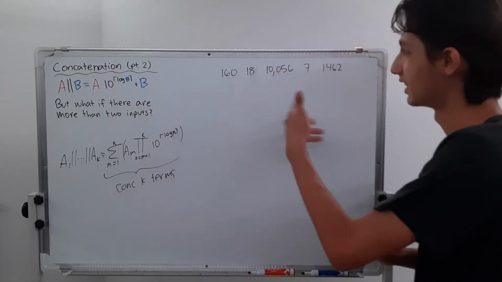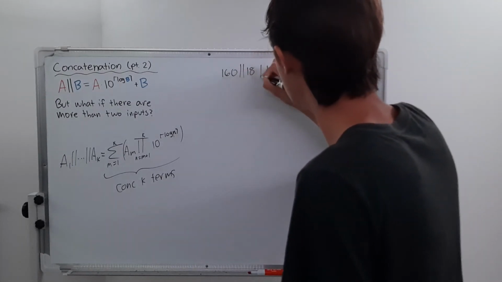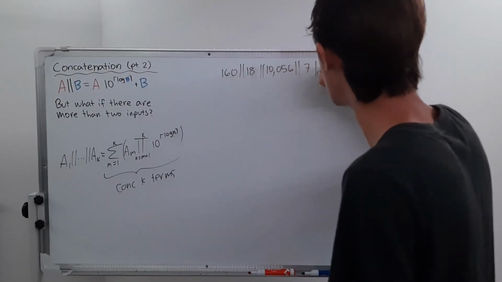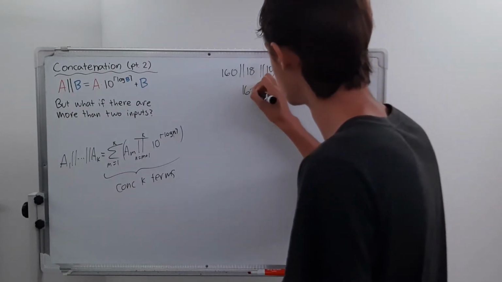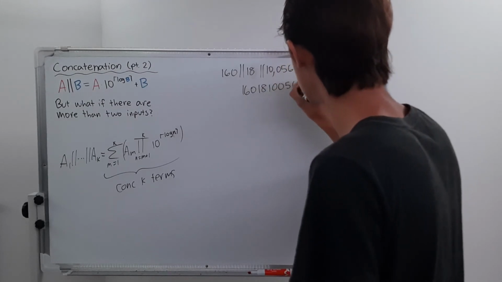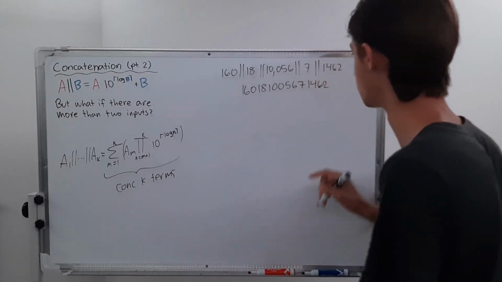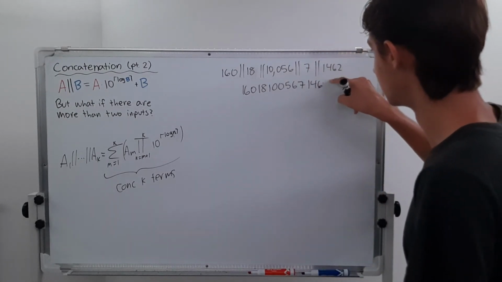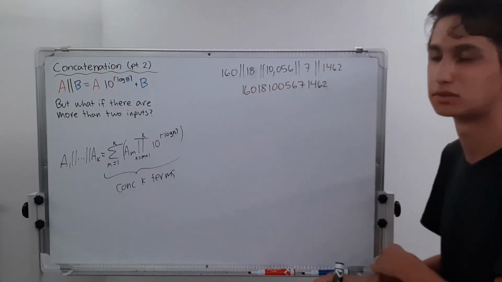Yeah, that's our number. All right, those are our 5 numbers, and we're going to concatenate all of these together. So we should end up with 160181005671462. I'm not going to bother with the commas there because it's not going to matter later, because we're going to end up with a long string of numbers anyway.